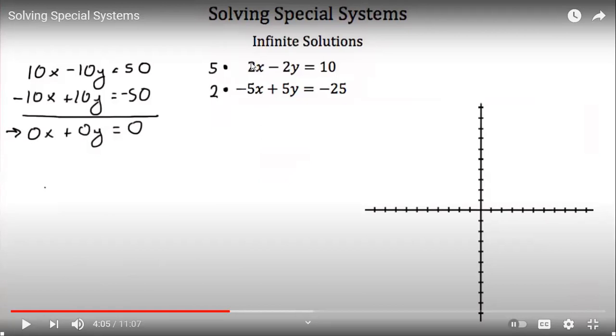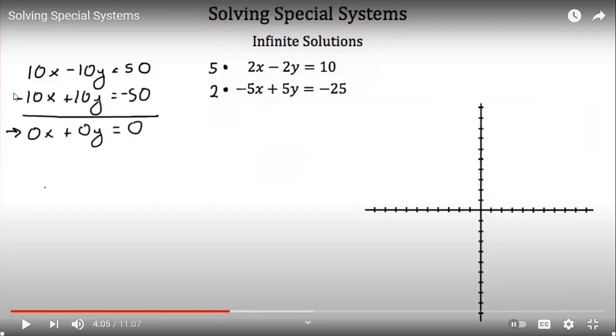Because we can't change only one equation to have a coefficient that is the additive inverse of the second variable's. Then 2 I multiply by 5, and negative 5 by 2, and we find that 0x plus 0y equals 0.